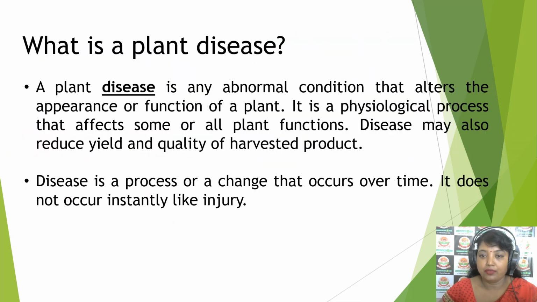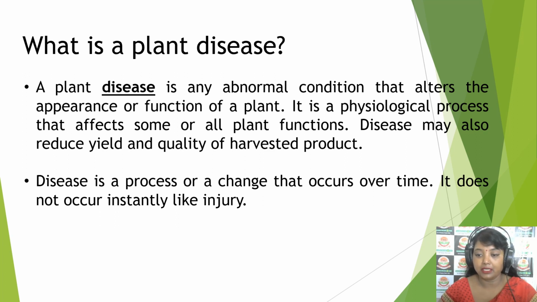First of all, we have to know what a plant disease is. A plant disease is any abnormal condition which alters the appearance or the function of the plant. In the earlier image we saw pictures of some leaves, and they showed that they are not healthy.